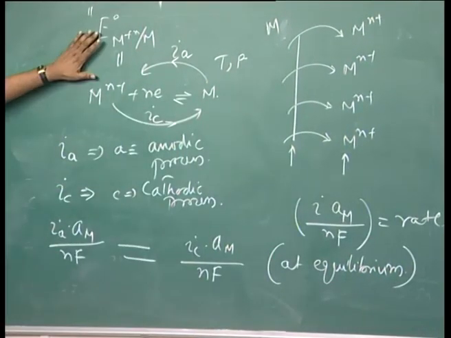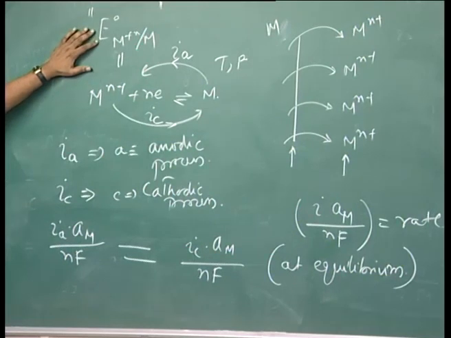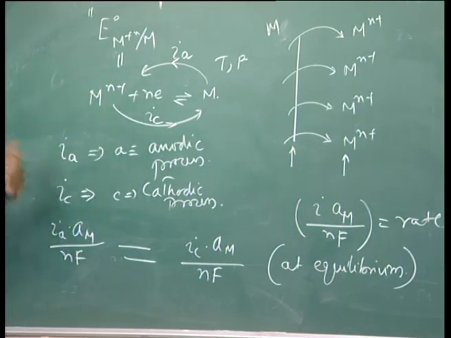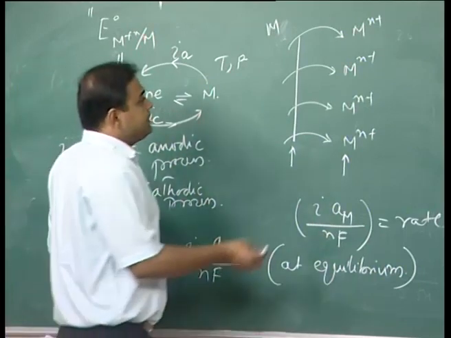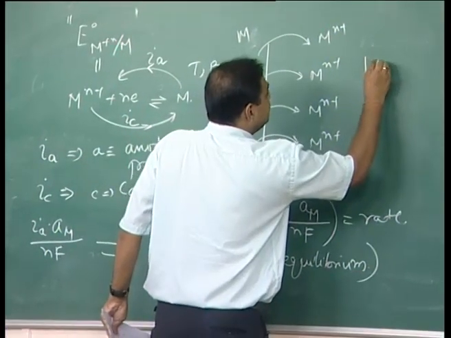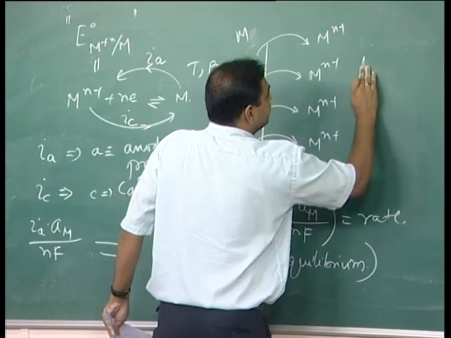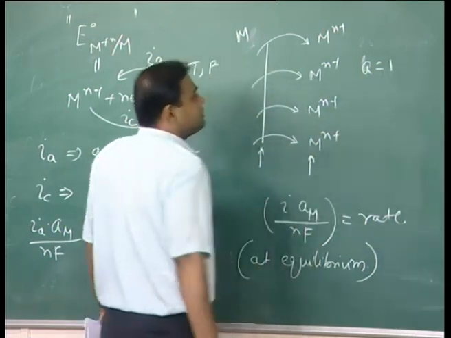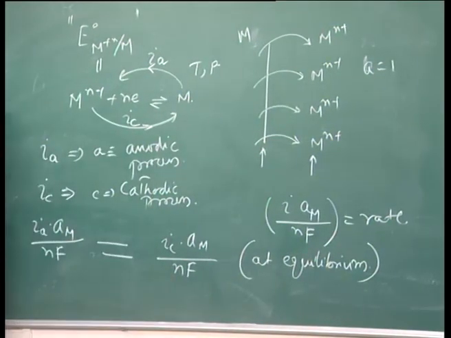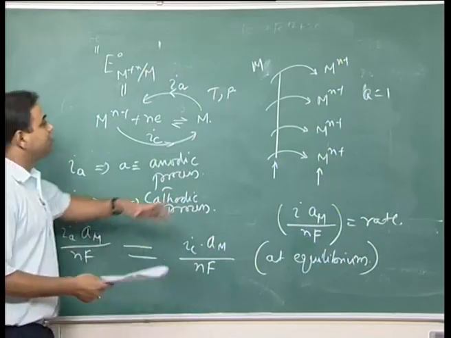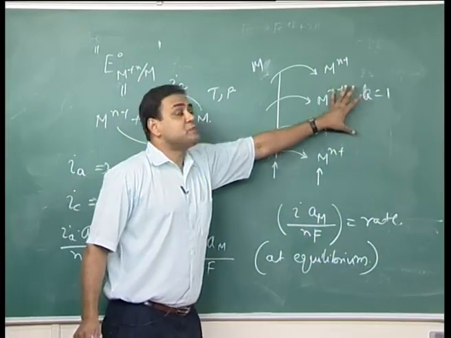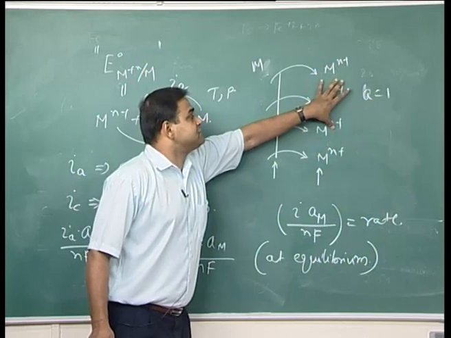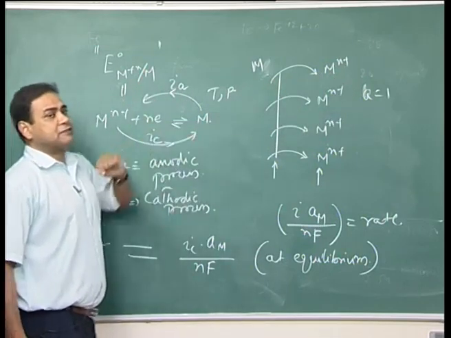Now, if you consider the standard reduction potential, in that case you do not have any corrosion, because you have already maintained unit activity, that is 1, for the metal ion concentration in the solution. So you have equilibrium between those atoms and those ions in the solution with the metal surface.